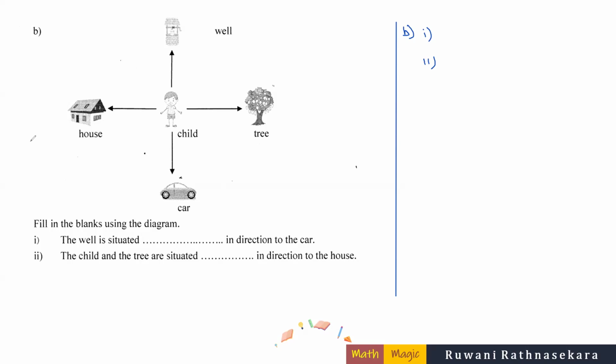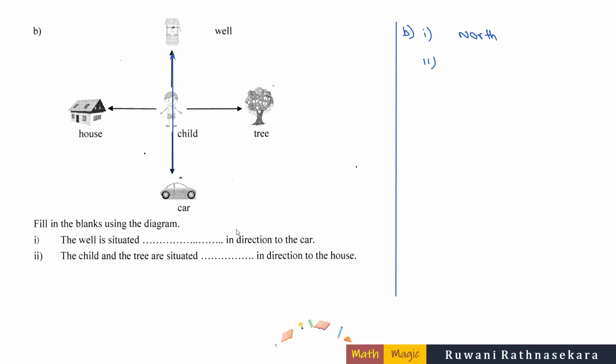If you observe the well from the car, it's to the north. Actually, it should be written as the well is situated to the north of the car. But it's fine, we can understand that they have expected to write the direction here.